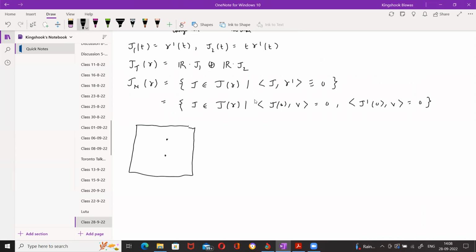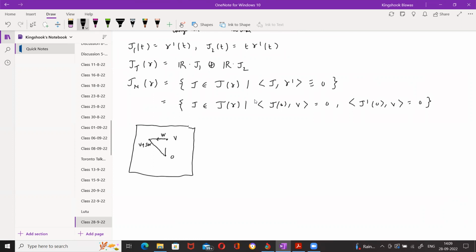At any tangent vector v in the tangent space, if I take a tangent vector w, then I get a curve in the tangent space, s goes to v plus sw.